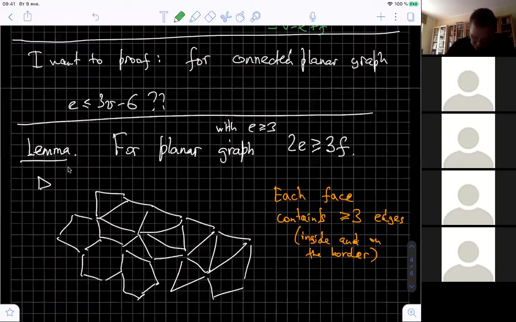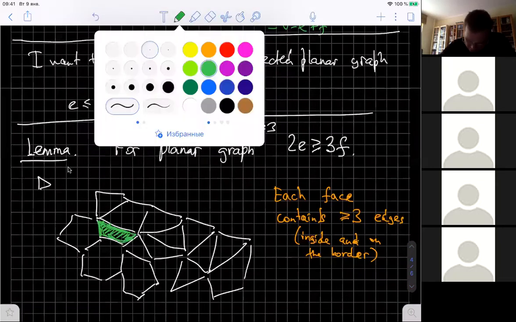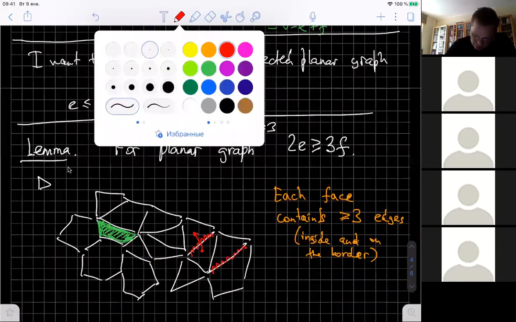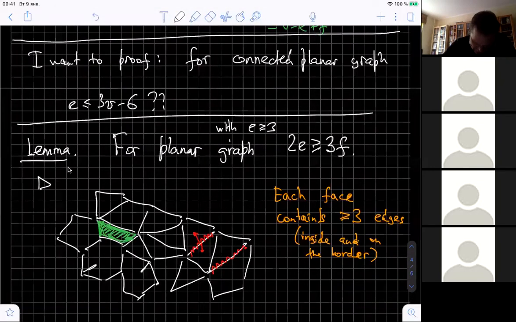If we choose each face, the border contains at least 3 edges, or maybe more. And each of the edges is contained in 1 or 2 faces. We can also write some additional edges into the faces, but usually the edges will be just on the border of 2 faces.